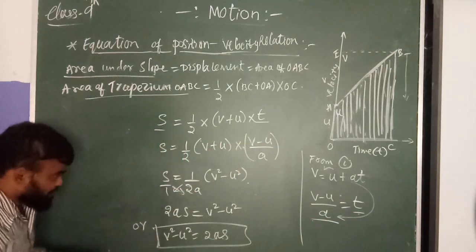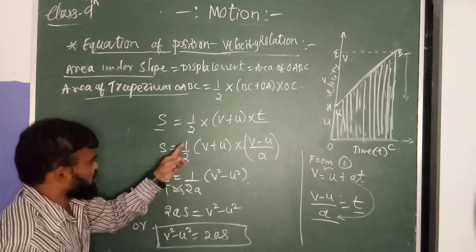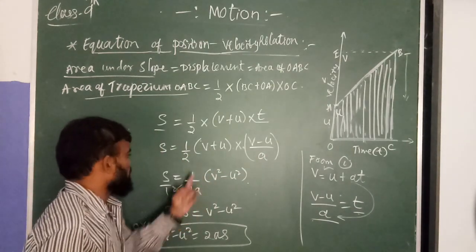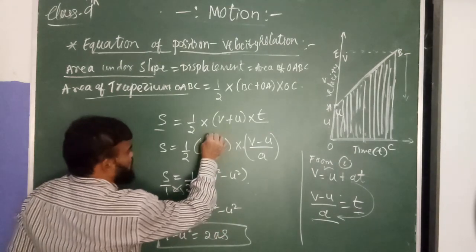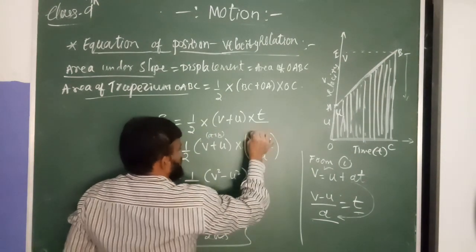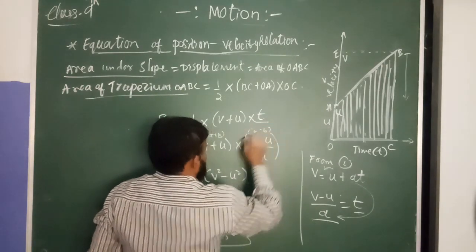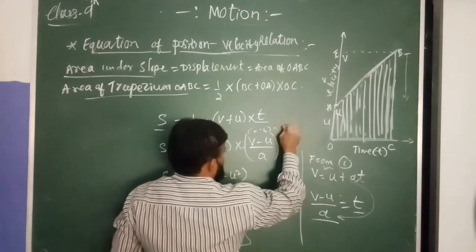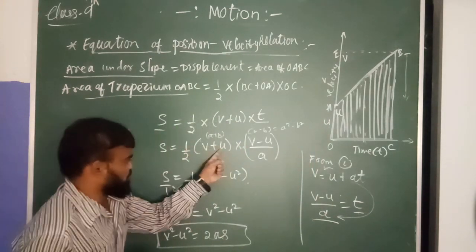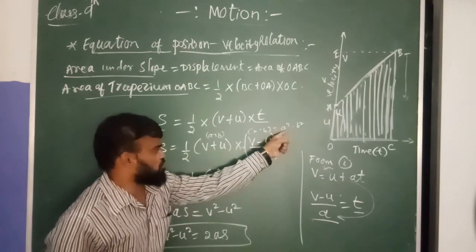So similarly, S is equal to 1 upon 2A, into V plus U into V minus U. This is the form of A plus B formula: A plus B into A minus B is equal to A squared minus B squared, we already know the formula.